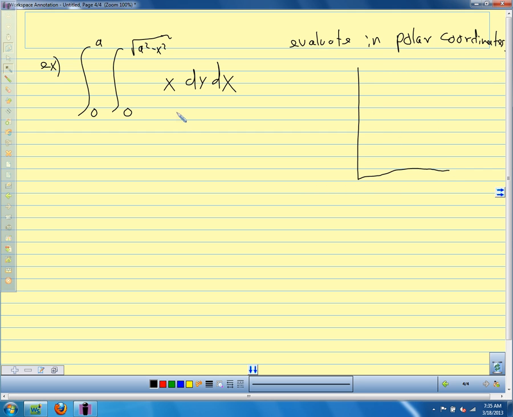The limits of integration say y varies from 0 to the square root of a squared minus x squared. So what is our function going to look like? Circle of radius a centered at the origin, right? So we have something like this.